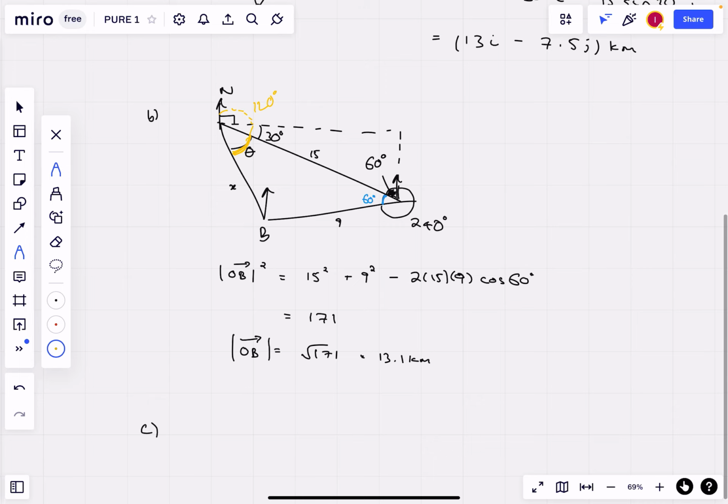That will then give us the bearing of B from O. So how can you work out that missing angle? What can you use? Sine rule.